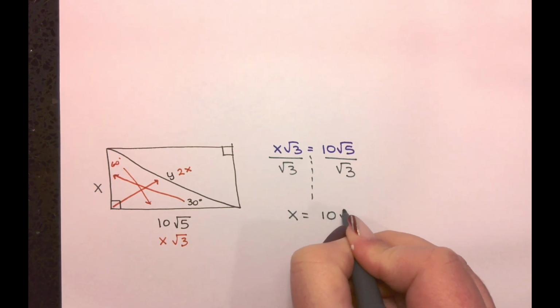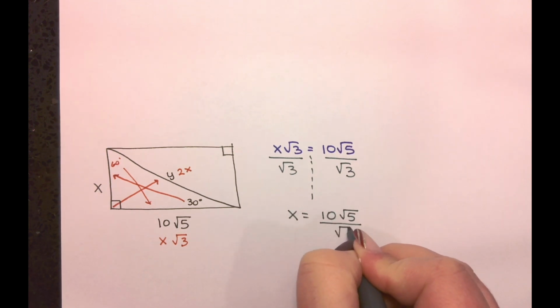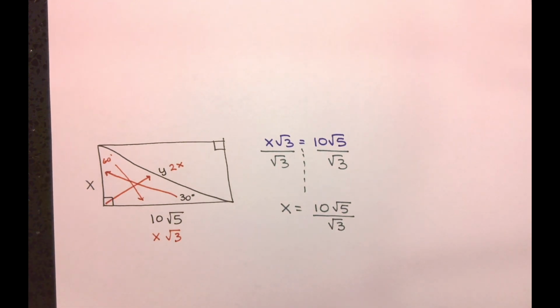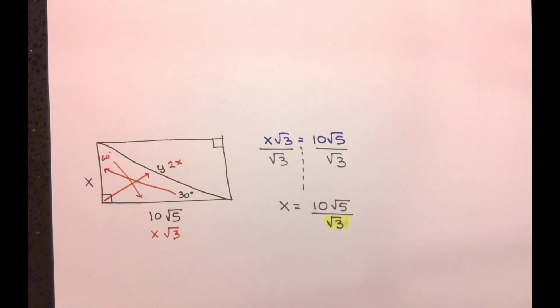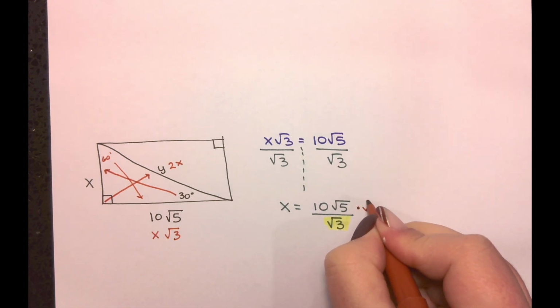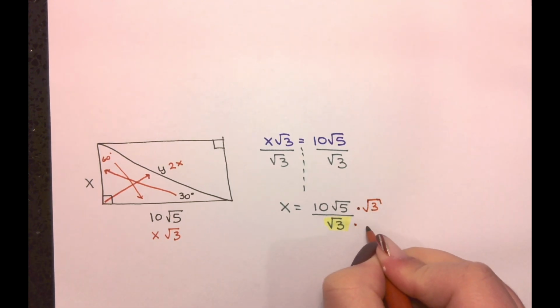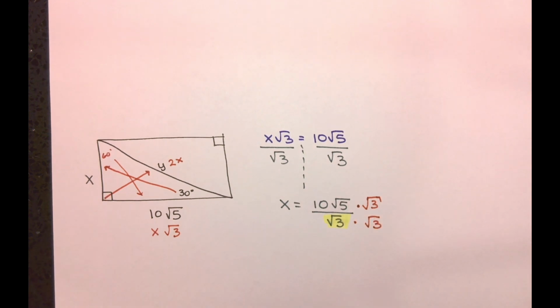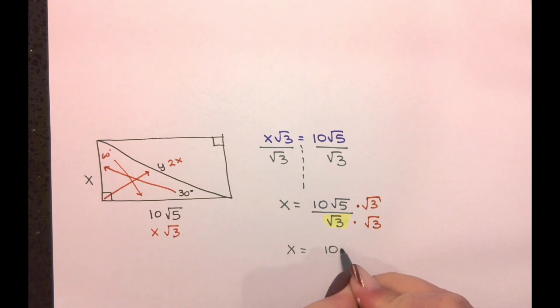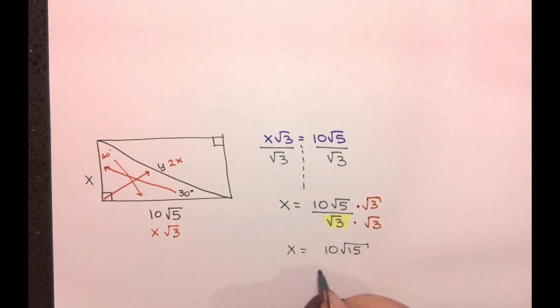Now this one, yes, you will need to rationalize the denominator. So take that square root of 3 and multiply that top and bottom. You have x is equal to 10 root, 5 times 3 is 15, 3 times 3 is 9.